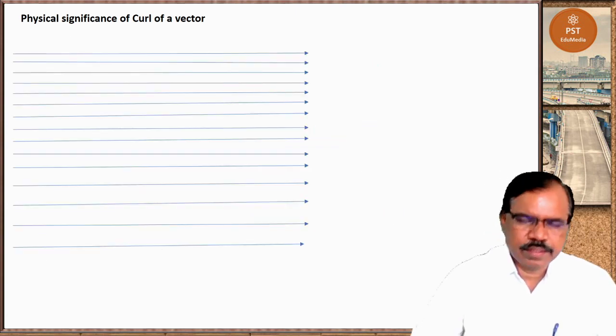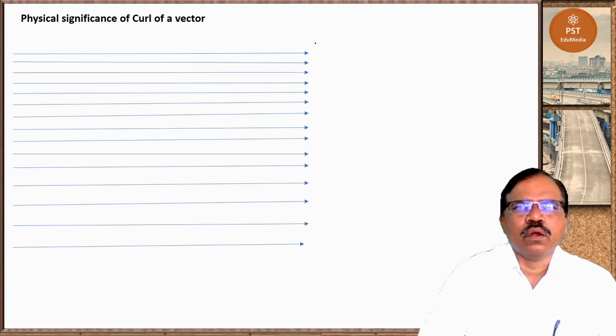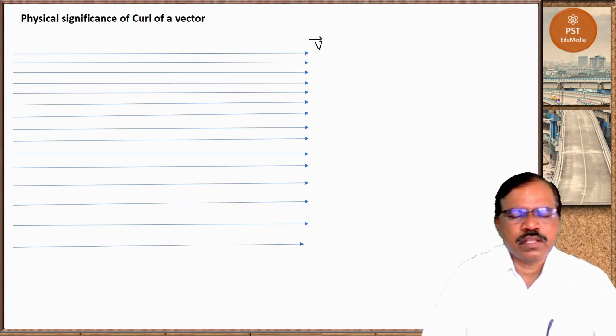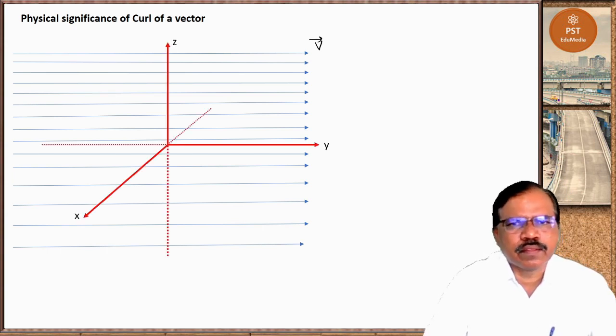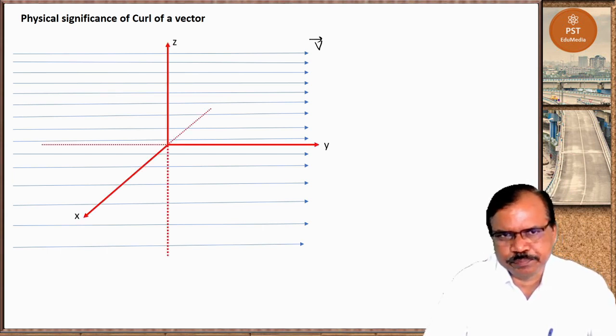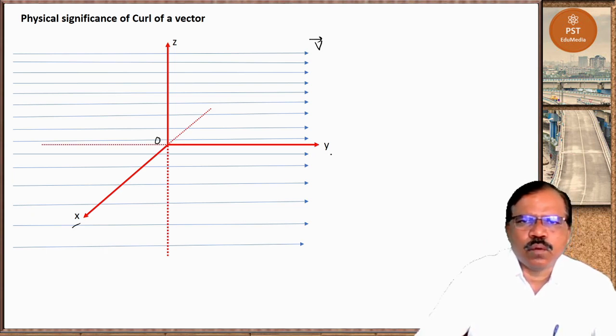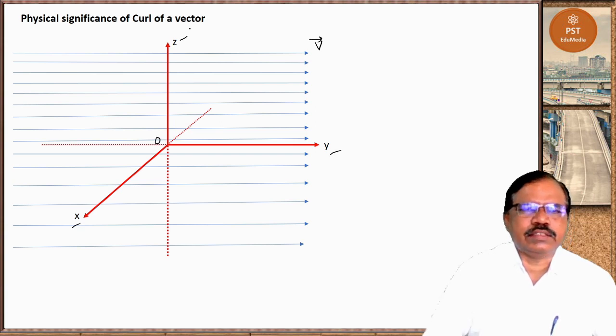Now let us take a non-uniform vector field in a Cartesian coordinate system. Here O is the origin, with the x-axis, y-axis and z-axis.